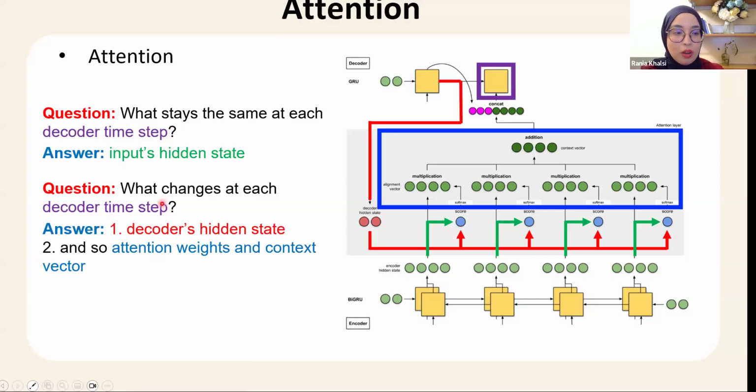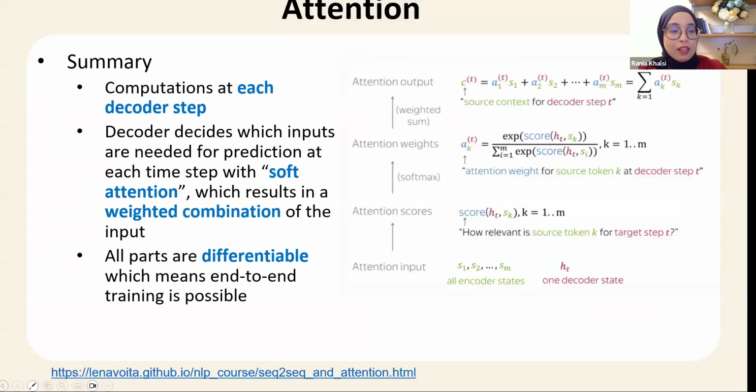Now the attention mechanism becomes the first key step to understand. We are moving from the human idea of focusing on specific parts of the text to how this process actually takes place inside a neural model. In the example of machine translation, at each decoder time step the model computes the attention scores.